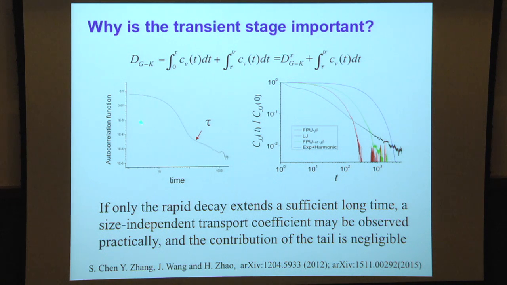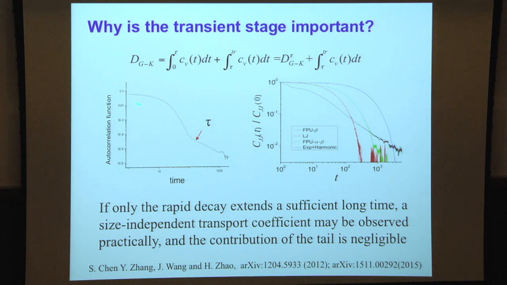So if this rapid decay time is sufficiently long, then according to the Green-Kubo formula, the contribution of the tail will be negligible, will be very small, because this part contributes little to the integral.